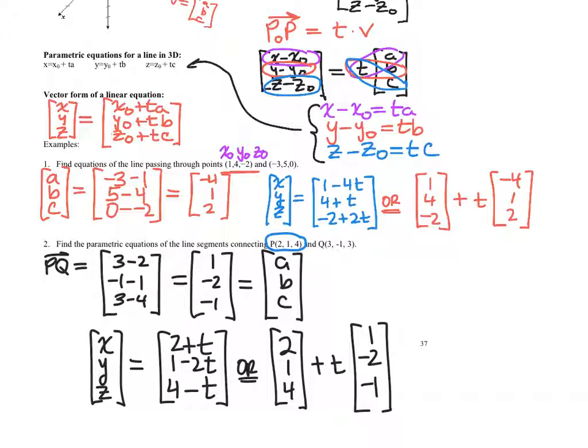If I did it the other way around, the q values from p is what I meant to say, then that would change the perspective. Instead of 3 minus 2, it would be 2 minus 3, and then 4 minus 3. That makes our initial value q. And so when I'm writing my vector equation, I would have my start value be 3, negative 1, 3.